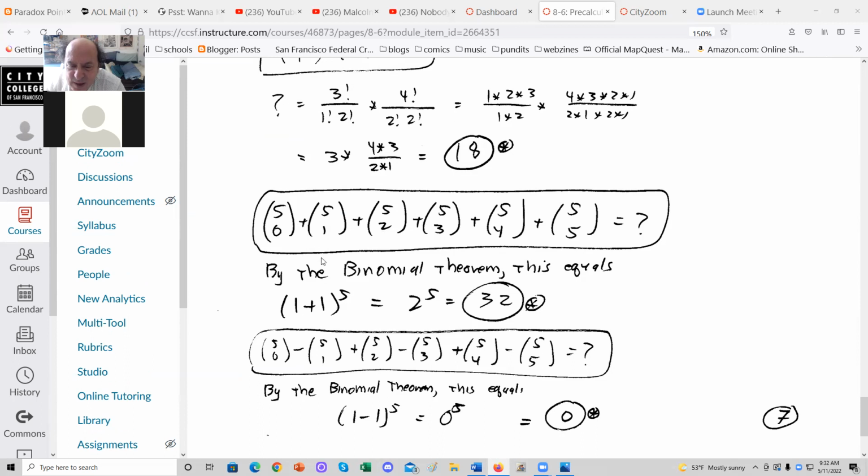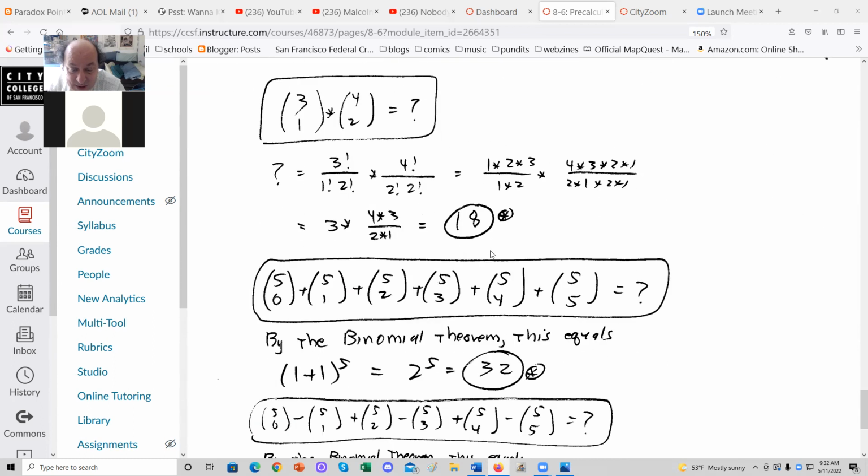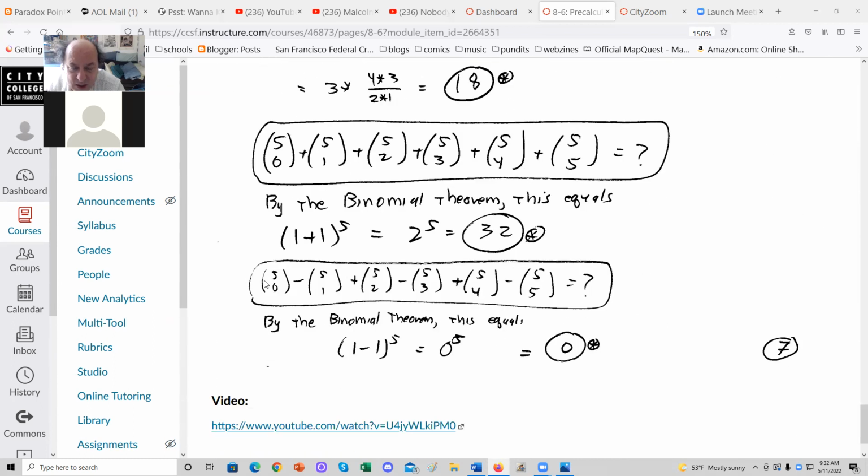In the end, this on the left side will be 1 plus 1 to the 5th power, or 2 to the 5th, or 32. That's easy enough to check. If you add up all these, 1 plus 5 plus 10 plus 10 plus 5 plus 1, yes, that does indeed equal 32.